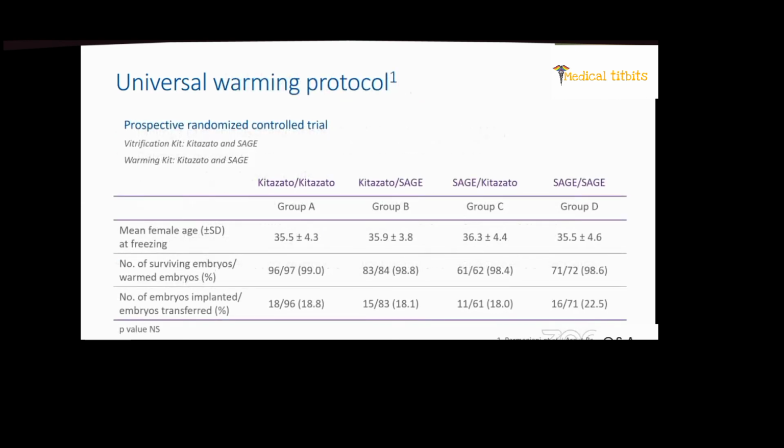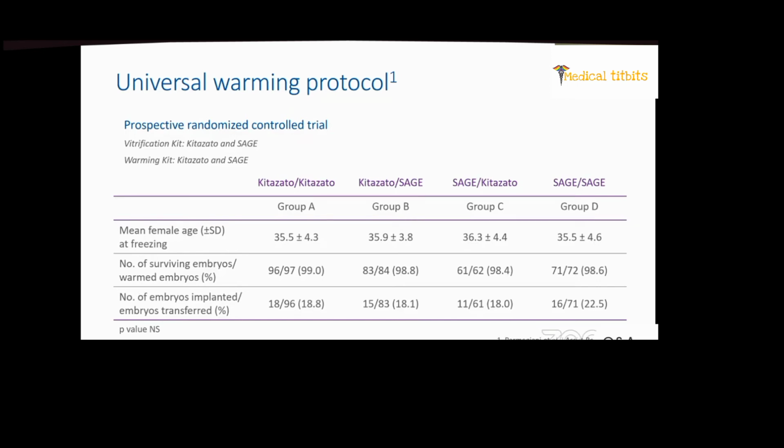In 2018, the same group from Italy published a study that assessed the clinical efficacy and efficiency of the universal warming protocol on vitrified embryos by analyzing their cryosurvival and implantation rates. This prospective randomized controlled trial was performed on 315 human blastocysts.